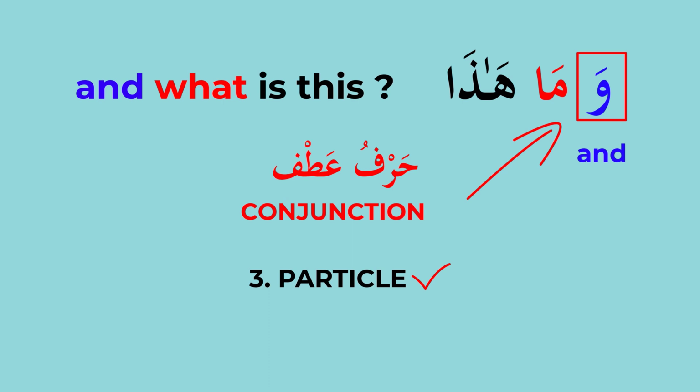So remember, but you do not have to memorize it now. I'm only pointing it out to you. Later on, I will be repeating it over and over, and inshallah, it will get into your memory. So wa means and. In English, we call it conjunction, and in Arabic, we say harfu ataf.